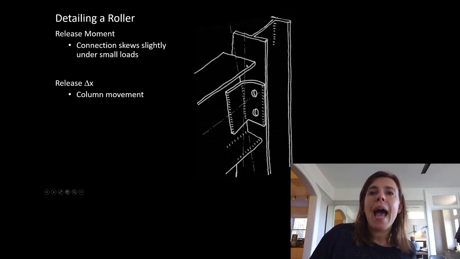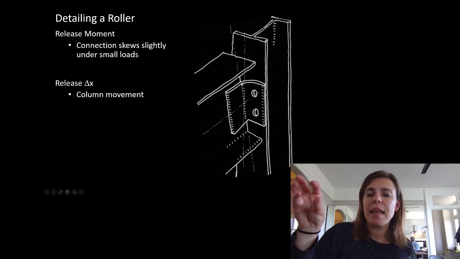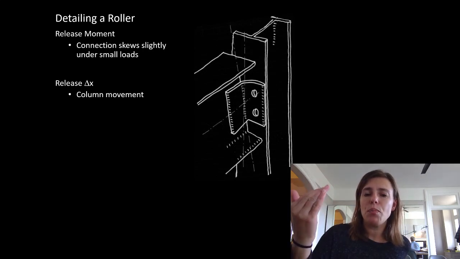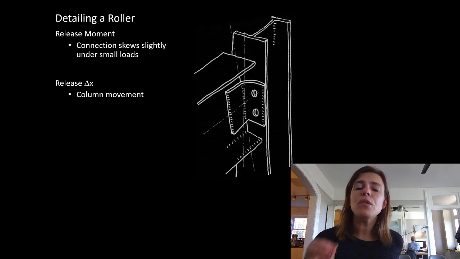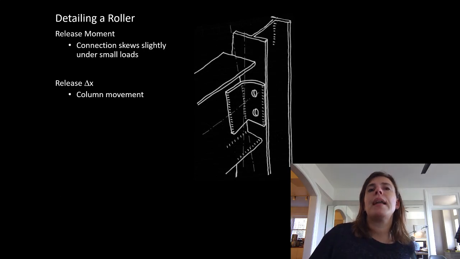The way we naturally detail steel connections looks like this. We have a beam with a little clip angle connected to our column. And as we apply load and this object tries to rotate, or the beam tries to rotate about this point, our angles have a slight amount of prying. They just pull away a little bit from the column. We're talking such a small amount, it would be hard to notice. And this is for your typical normal connections.